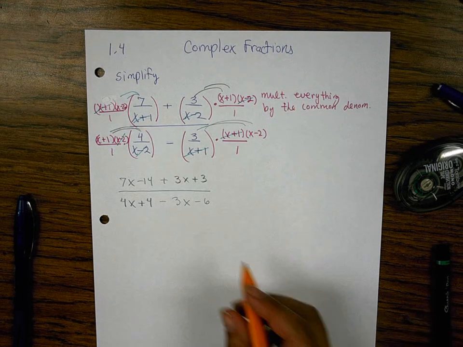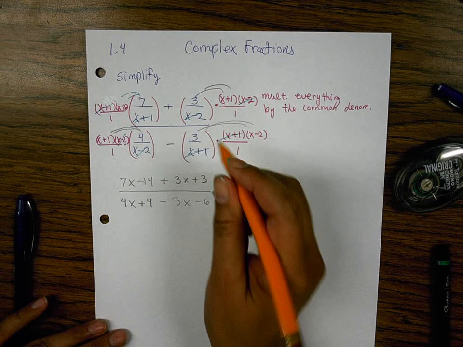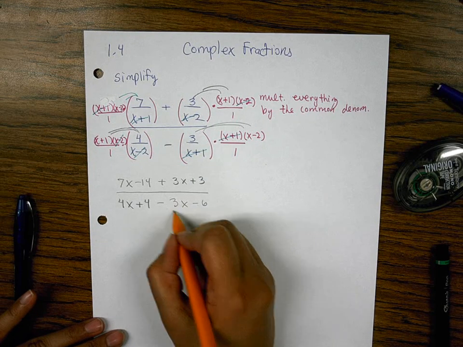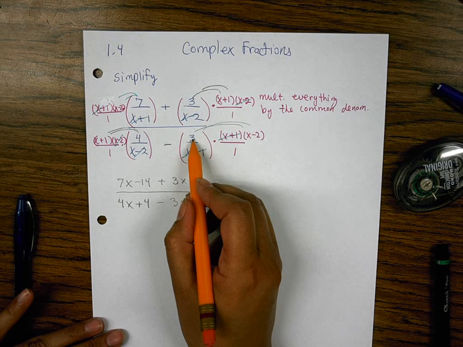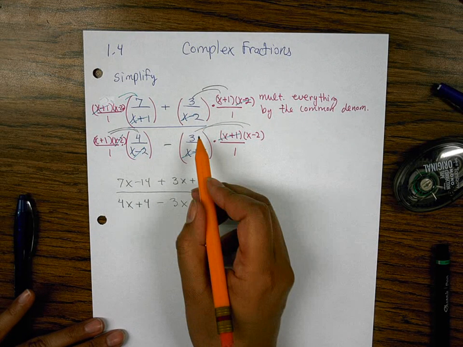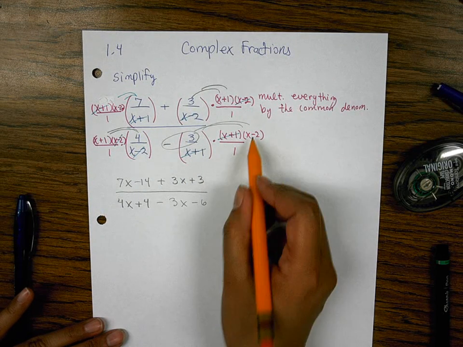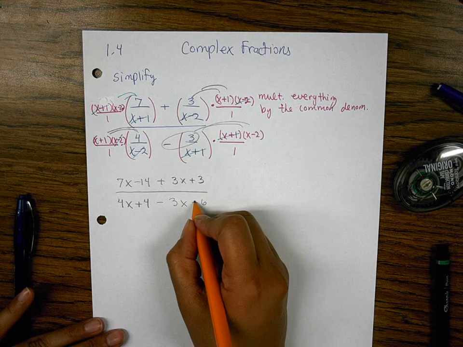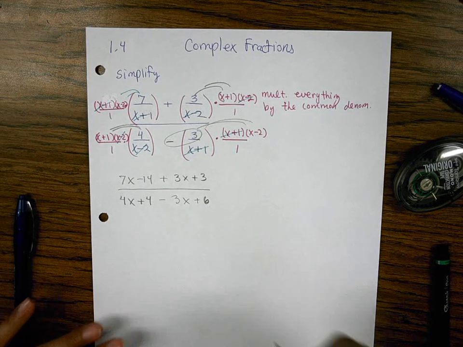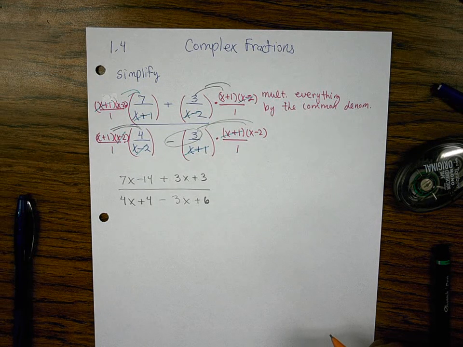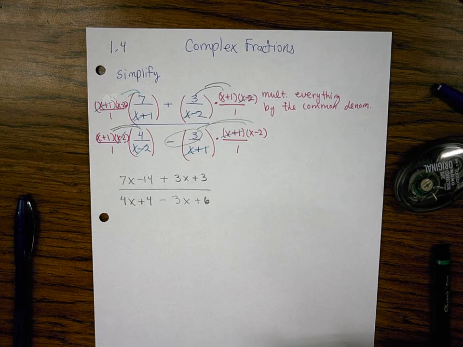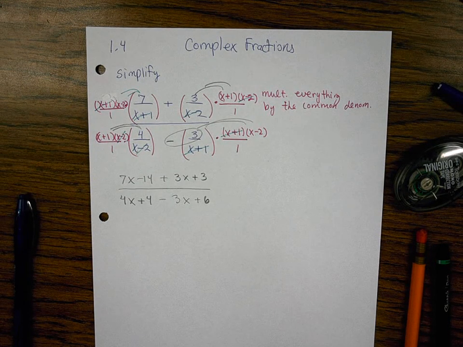When distributing and there's a minus sign, you have to keep in mind either you put parentheses here, or you remember that this is not a positive 3. Over here this was a positive 3, but this is a negative 3 that you're distributing. So when you distribute, it is negative 3x, but it should be a plus 6. And if you make that mistake on the test, unfortunately you will lose points. So make sure you are being careful with those negative signs.